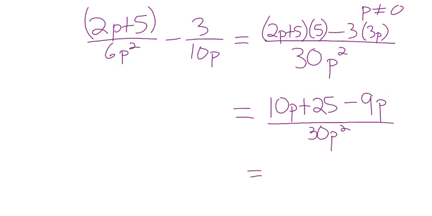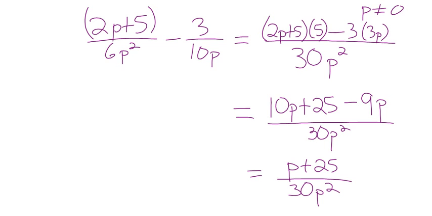Does this simplify? P plus 25. Remember, the denominator is never going to change once we get here unless there's a common factor and we get to simplify at the end. So the denominator won't change until the end, and if there's a common factor we can simplify, then it'll change. All good?